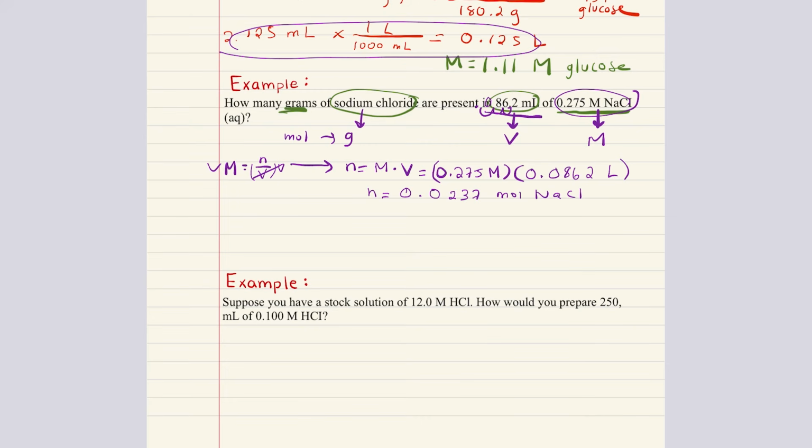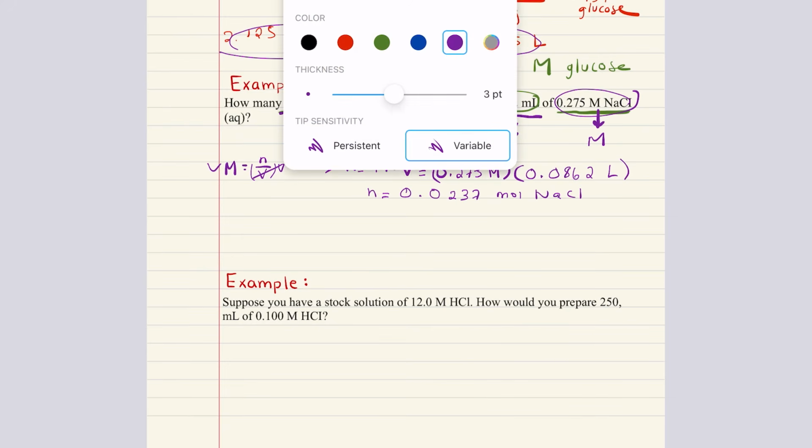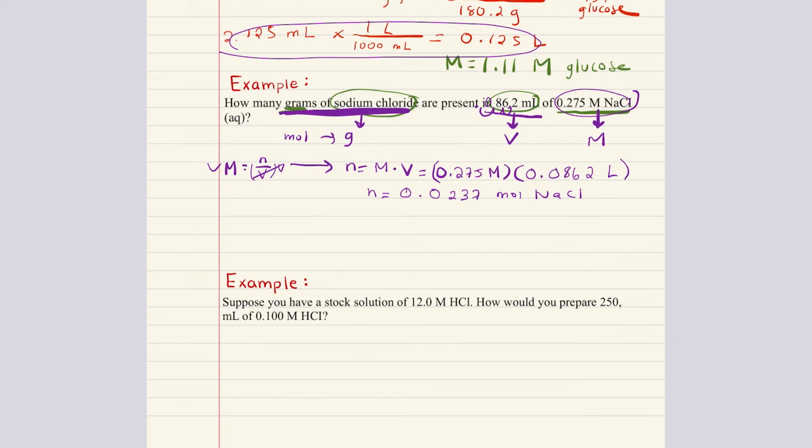Beautiful. Now what we can do is take moles of sodium chloride and convert it to grams of sodium chloride just by multiplying by the molar mass of sodium chloride. By the way, the molar mass of sodium chloride is 58.4 grams of sodium chloride per 1 mole of sodium chloride.